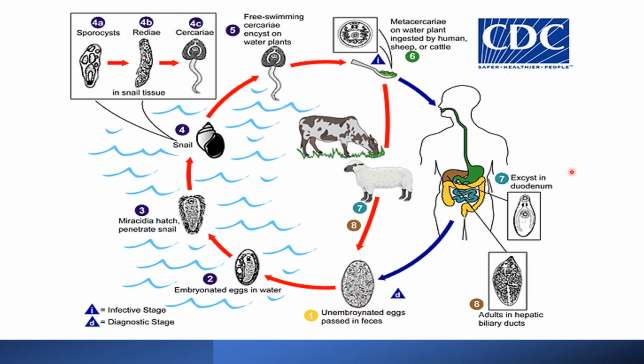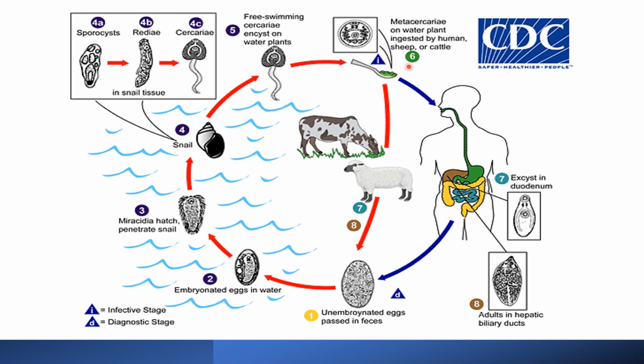So for the life cycle, unembryonated eggs are passed in the feces of infected humans, sheep, or cattle. Okay, the eggs embryonate in water, then miracidia hatch and penetrate the freshwater snail. In the snail, they undergo development to the cercarial stage, and then the metacercariae on water plants are ingested by humans, sheep, or cattle.